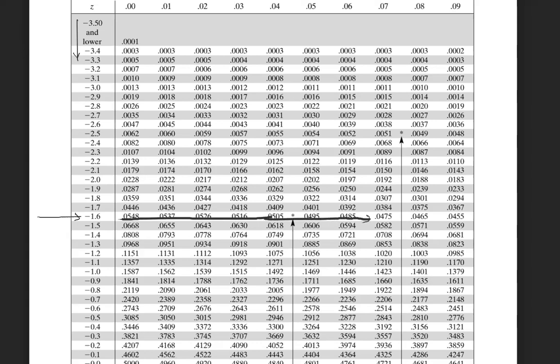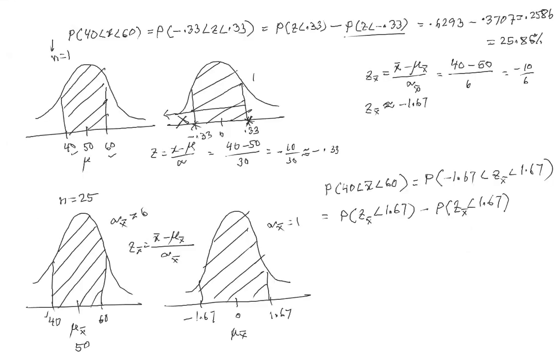There's the 0.0475. So 0.0475 for the negative one. Now we have to find it for positive 1.67. I just found negative 1.67.